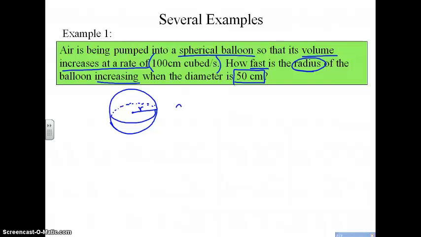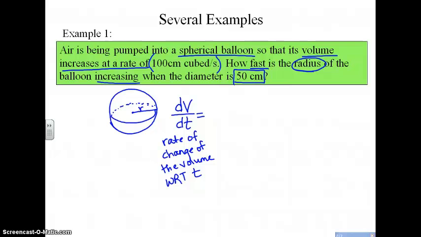So air into the balloon lets us know the rate at which the volume is changing, that's what 'the volume increases at a rate of' means. This is how I would write that: this is the rate of change of the volume with respect to time, right? That's what that means.